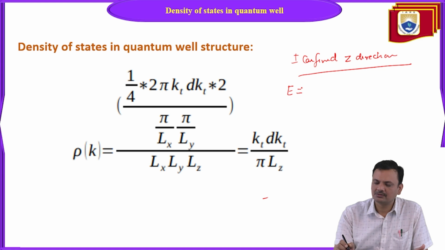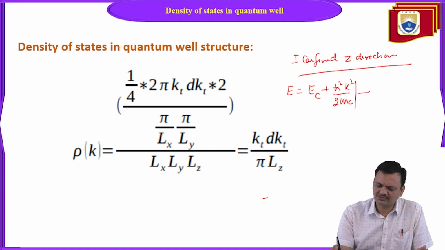Generally in the bulk case, E is equal to EC plus h cross square k square upon 2 mc. I am considering the case for the conduction band. But this is for the bulk case. If I confine any one direction, in my case I chose the z direction.